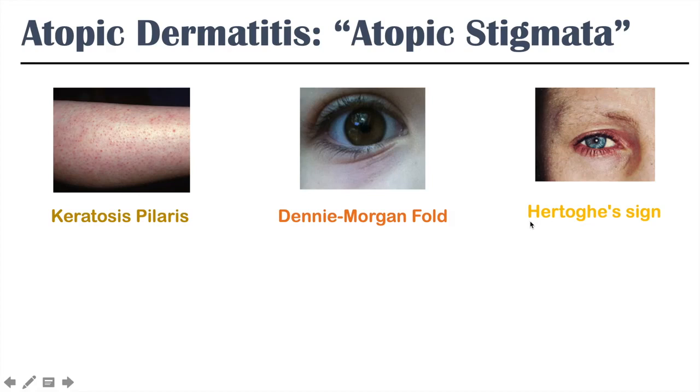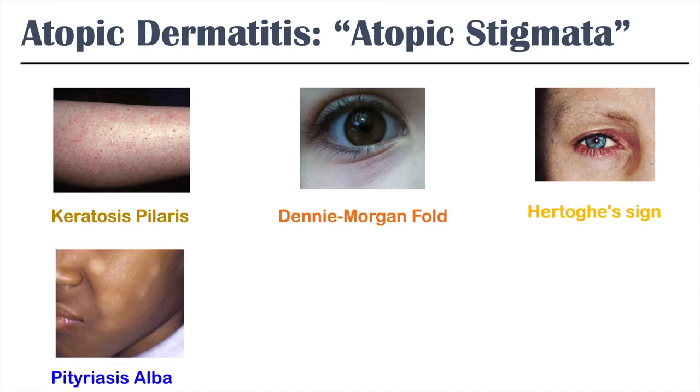You can also get what we call Hertoghe's sign. I know I'm not pronouncing this properly, but it's either Hertoghe's or Hertoghe's sign. And this is essentially an absence or thinning of the lateral eyebrow. So you can see in this image here. Another skin finding is what we call pityriasis alba. Pityriasis alba is essentially a whitening of the skin color or skin tone in certain parts of the body, as you can see in this image on this patient's face.